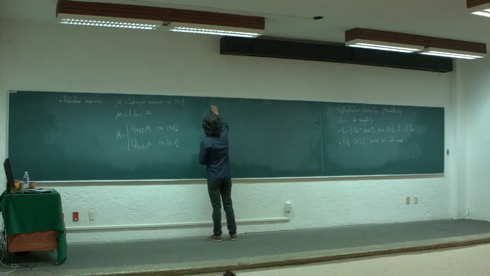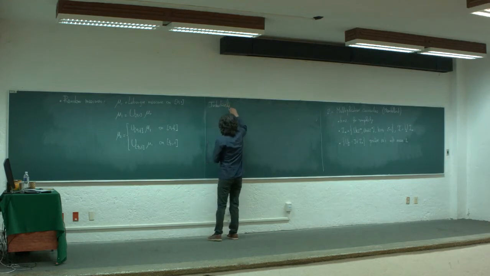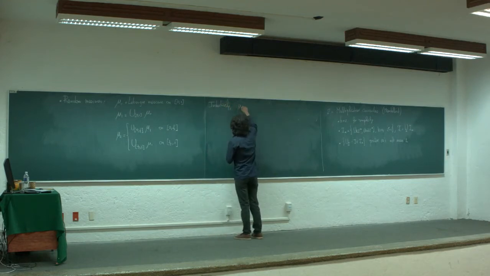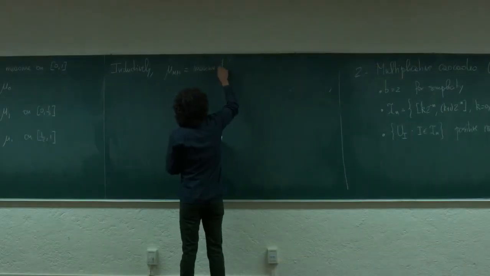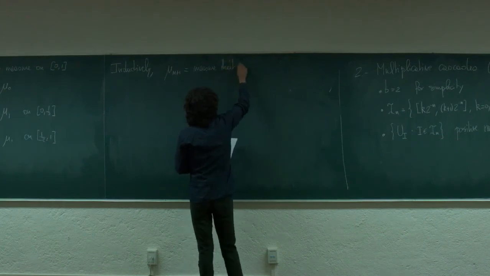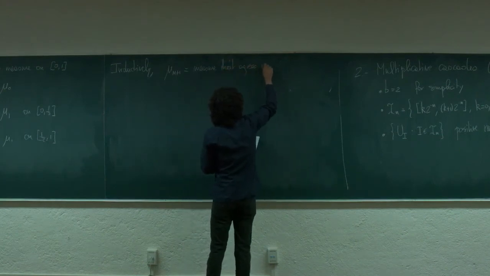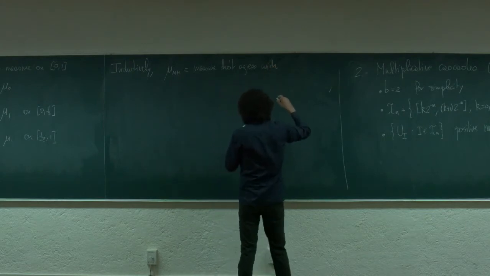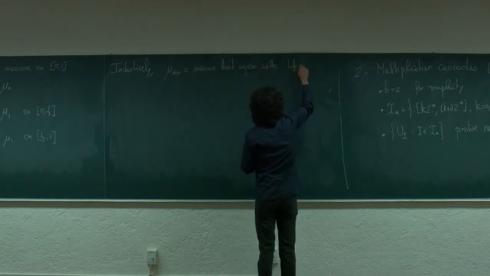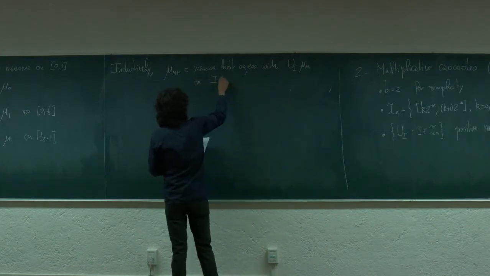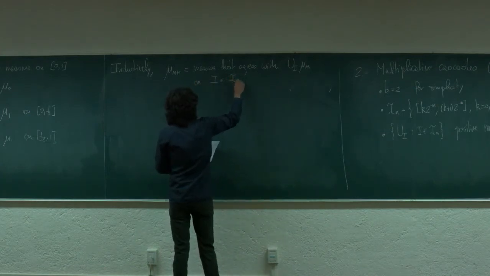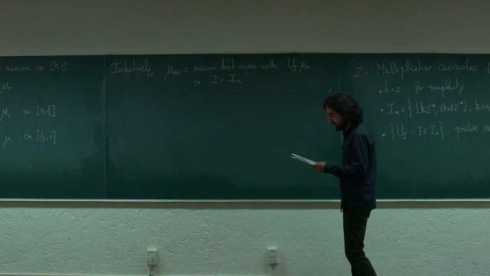So inductively, just in words, mu n plus 1 is the measure that agrees with U_I mu n on the interval I in the collection I_n.